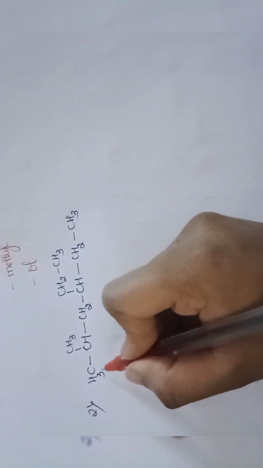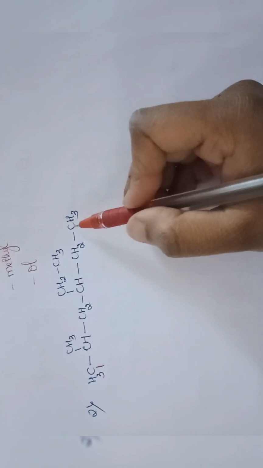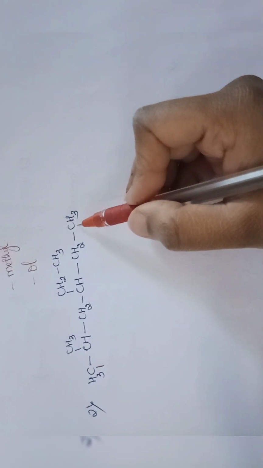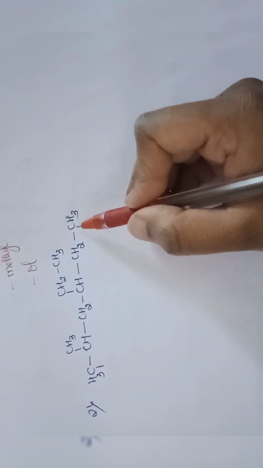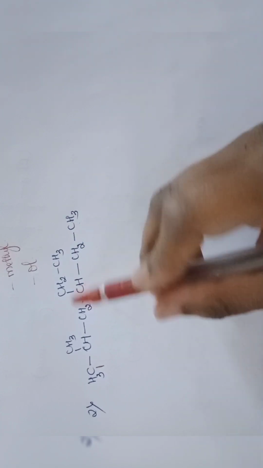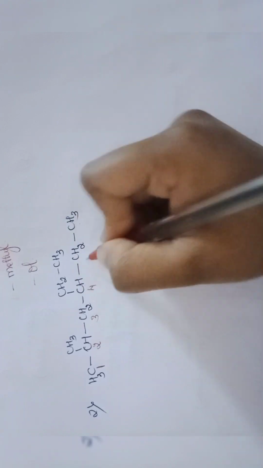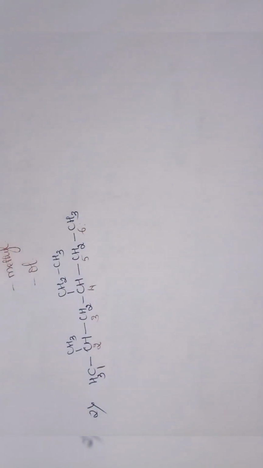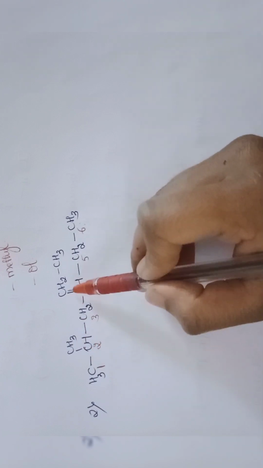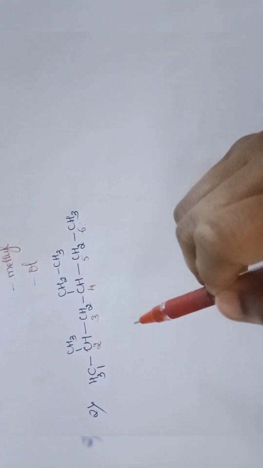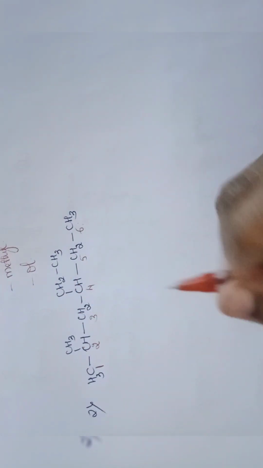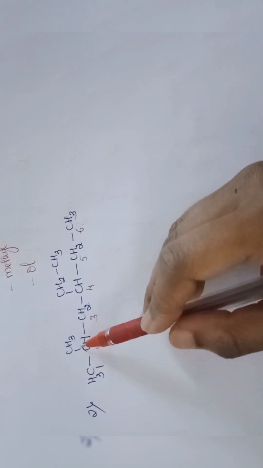In this, the numbering is from here. If we start the numbering from this side, then the substituent will be at the 3rd position. But from here, it will be at the 2nd position. 1, 2, 3, 4, 5, 6. Here, 2 substituents are there and both are different. What does the rule say?